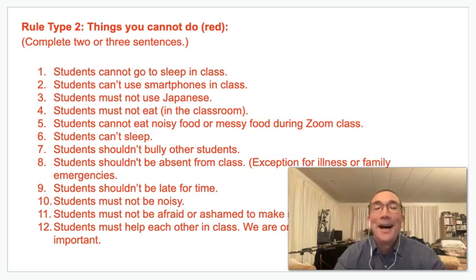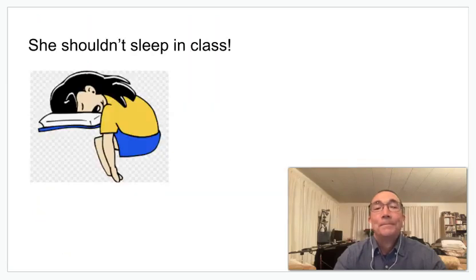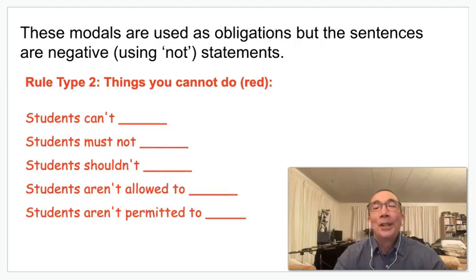I hope not. And number 8, I like this one. Students shouldn't be absent from class, except for illness or family emergencies. Very good rules. She shouldn't sleep in class. These modals are used as obligations, but the sentences are negative statements.